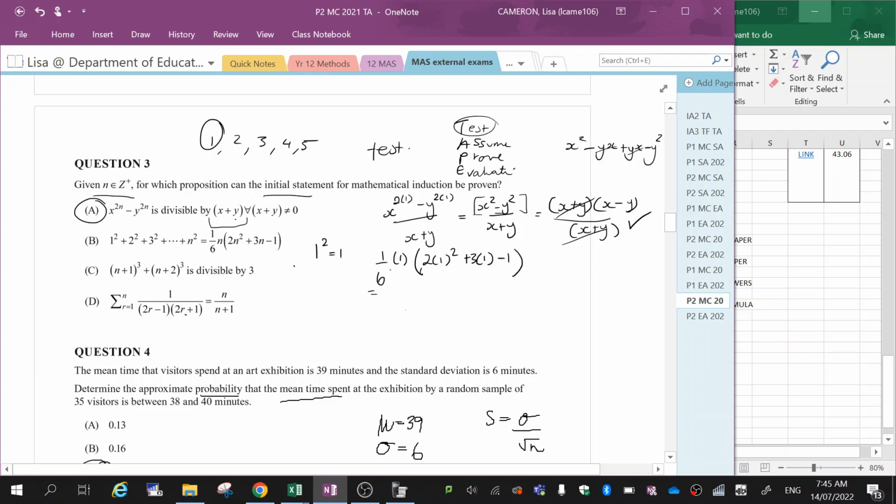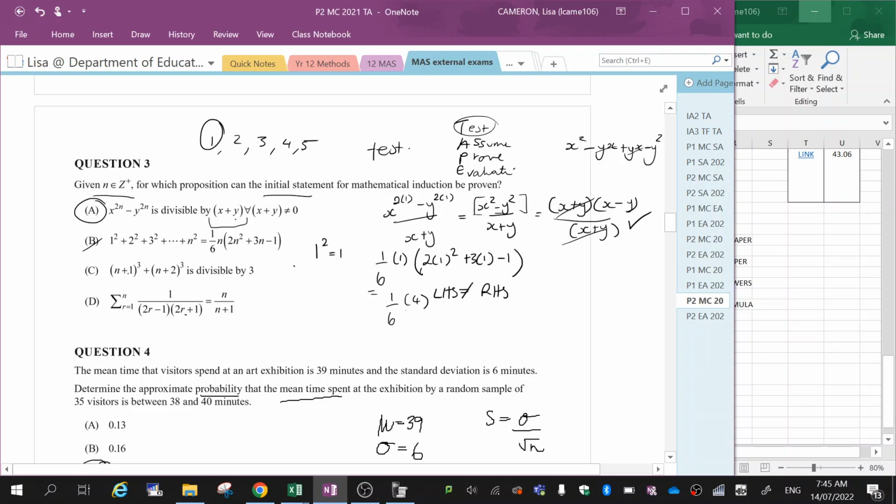Now, when I expand this out, 1 over 6 stays at the front there. This will become 2, this will be 3, and that will be minus 1. So it'll be multiplying 4. The left-hand side does not match the right-hand side. So we've proved that it's not true. Okay, so it can't be B.